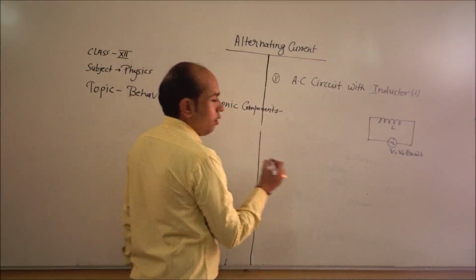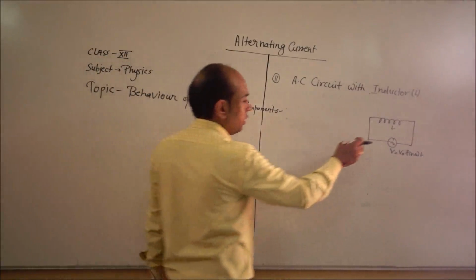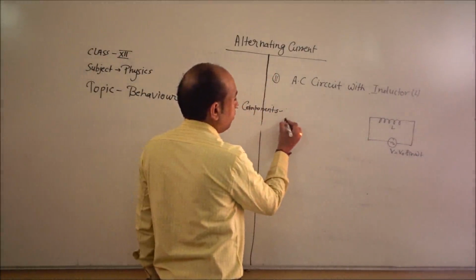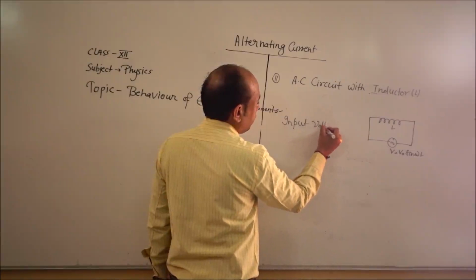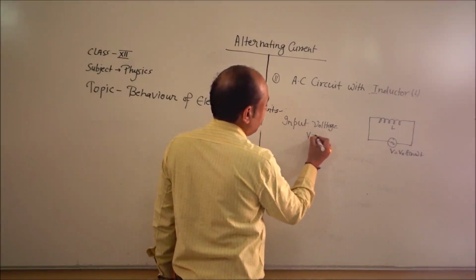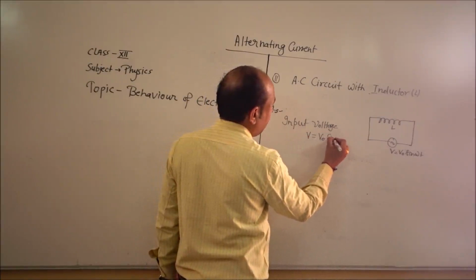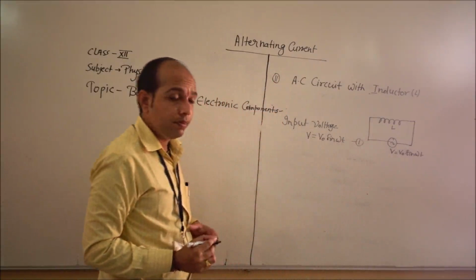So first of all, like the previous one, we have to write the voltage, how much voltage is given to this circuit. So the input voltage V is equal to V naught sine of omega t. This is the input voltage.